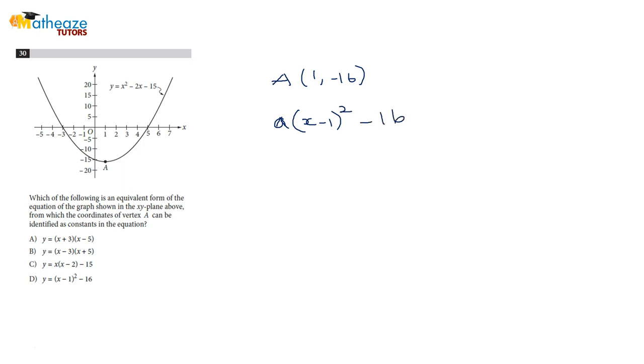Because when you complete the square of the equation drawn for this graph, and you have a vertex at this point, a could be any number. So you have x minus 1 squared, which is the x value of the vertex, and this is the y value of the vertex. So this is what we have for the answer.